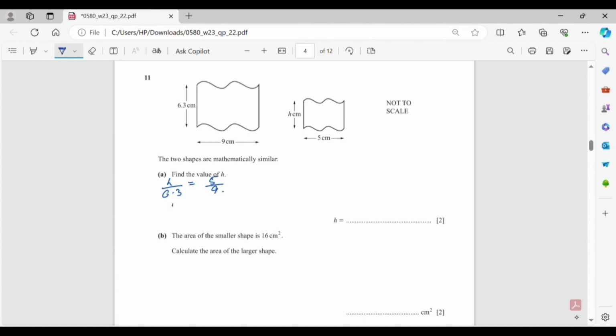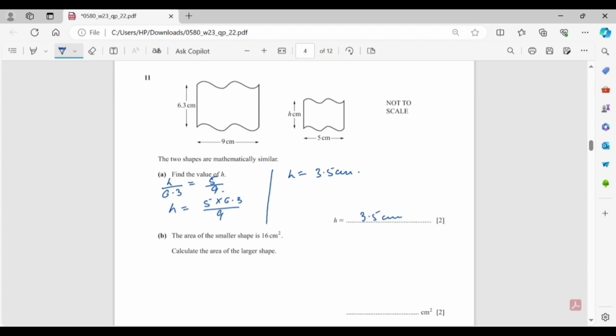Right? h will be equal to 5 into 6.3 divided by 9. So h will be equal to, let's use the calculator, 3.5. So h is equal to 3.5 centimeter.